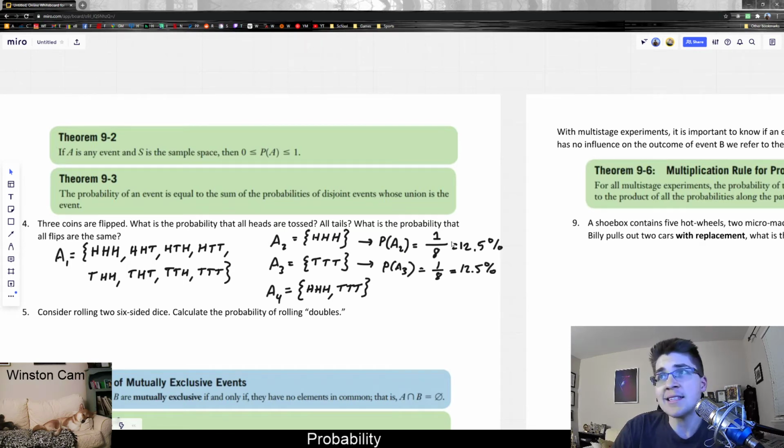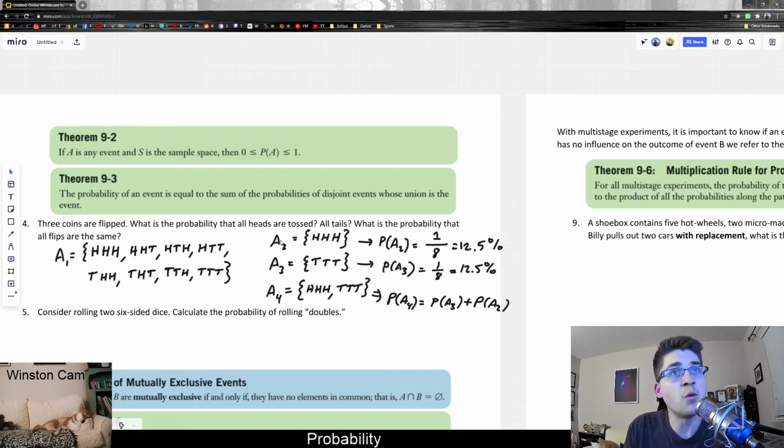But what we can see is that if we add those individual events together, the sum of those probabilities would be the combined. Since this is the union of those events, and since they're disjoint, which just means that they have no intersection, that they are unique, neither one has any overlap in their elements, that is what tells us that the probability that A4 occurs is equal to the probability of A3 plus the probability of A2.